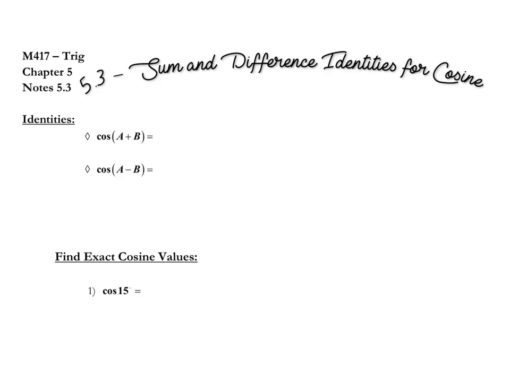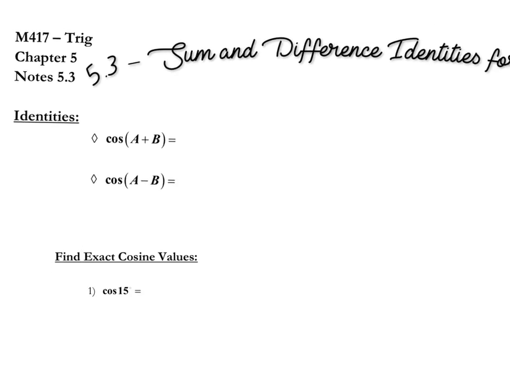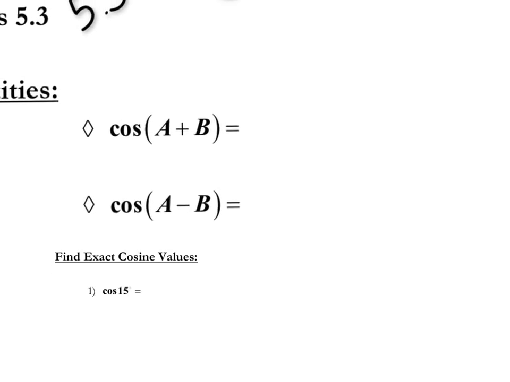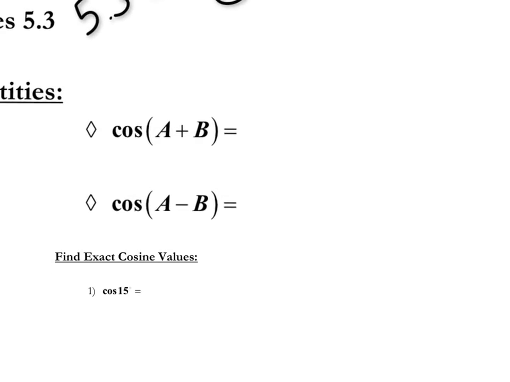The first thing to take note of is that when we talk about A and B, we are talking about two angles. Angle A is angle 1, and angle B is angle 2.